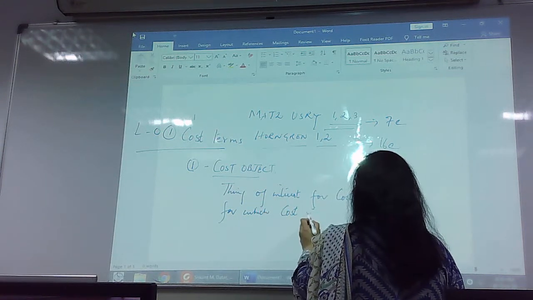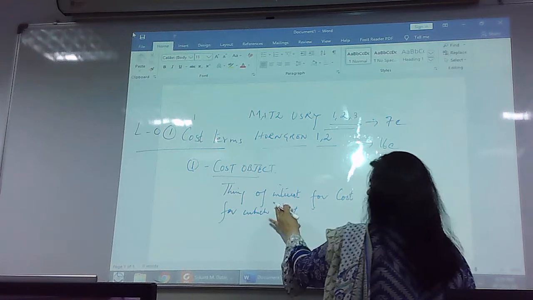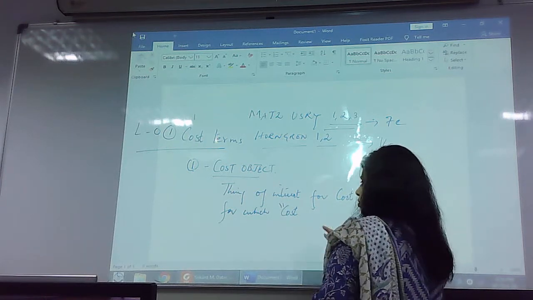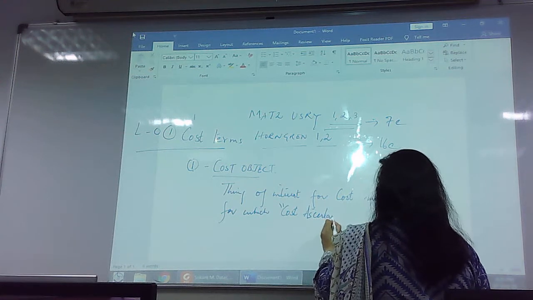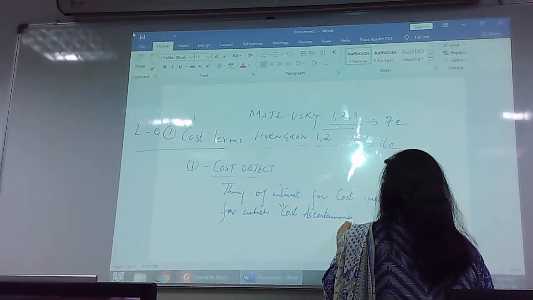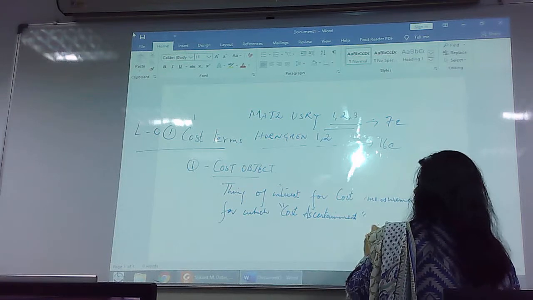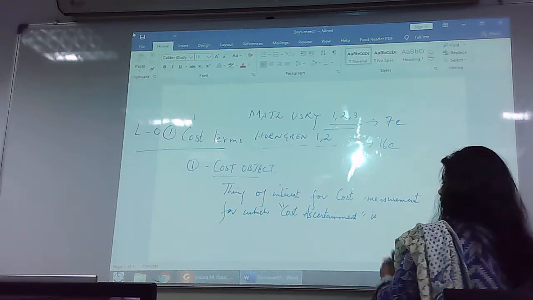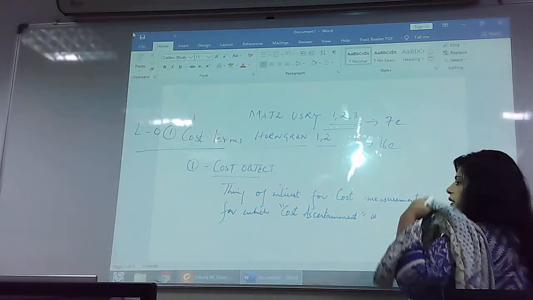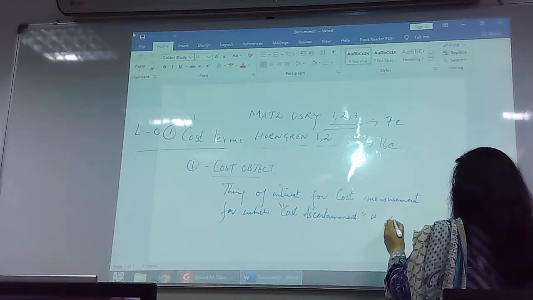I'm using this word cost, and I'm putting it in inverted commas so you know that this is also a term. This is cost ascertainment, which is required, something that you really want.